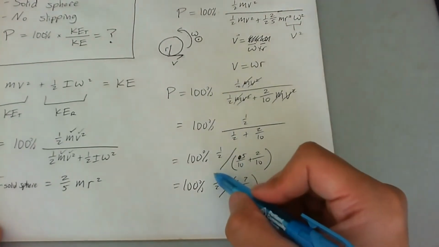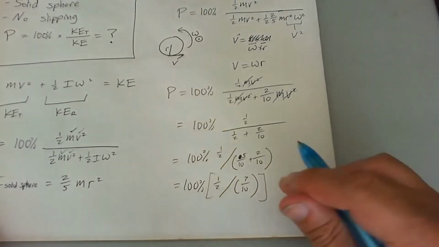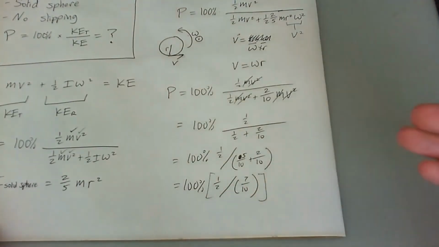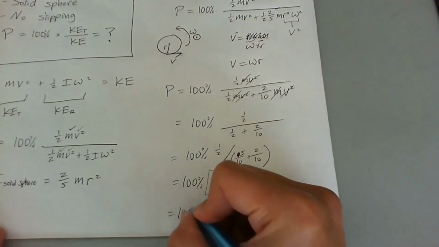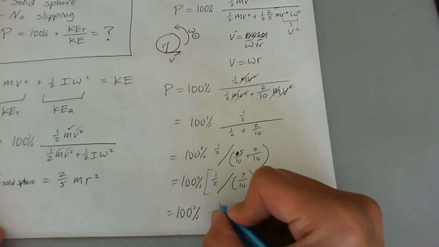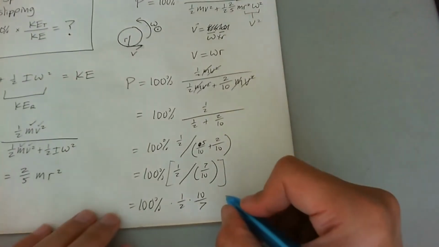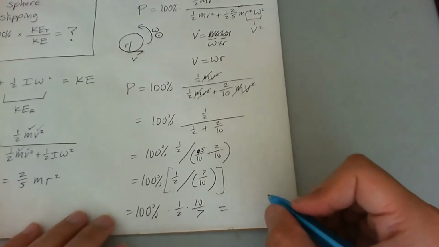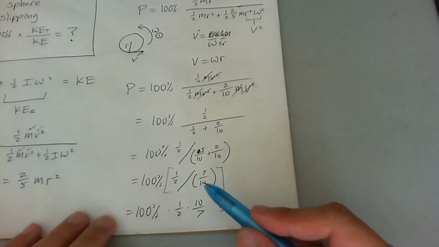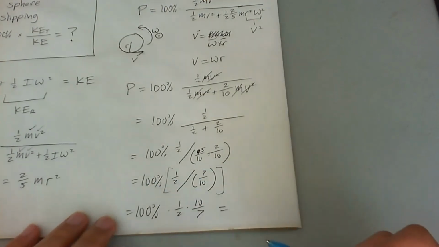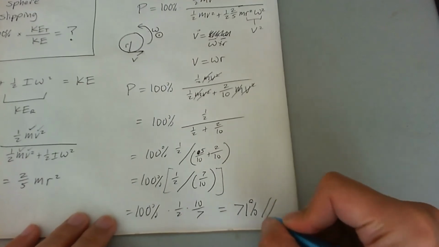And then to consolidate this, if you have a fraction divided by a fraction, you take the bottom fraction, flip it over, and multiply it by the top fraction. So this ends up being 100% times 1/2 times 10/7. And finally, we have 10/14, which is the same as 5/7. 100% times 5/7 comes out to be 71%.